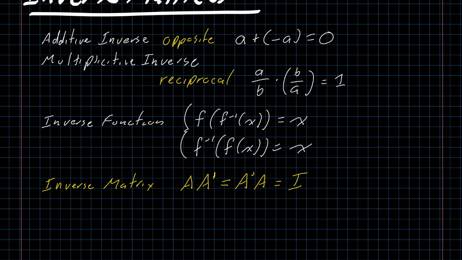The only way to get the same identity matrix out of multiplying A times A prime as you get from multiplying A prime times A is for A to be an n by n square matrix, and A prime is another n by n square matrix.